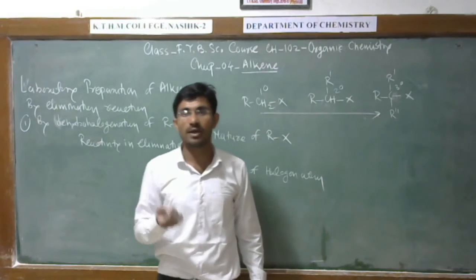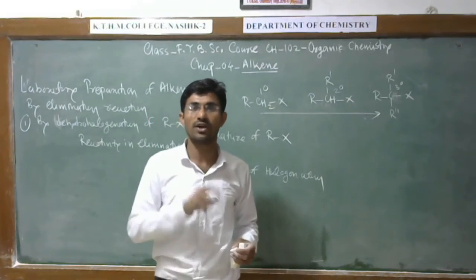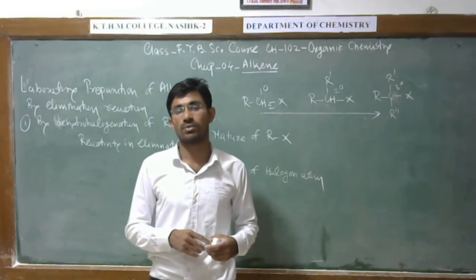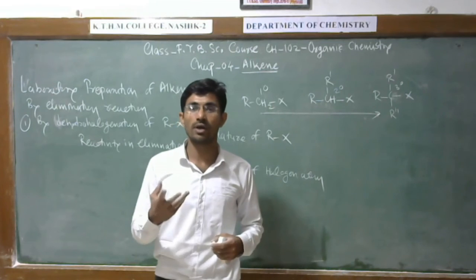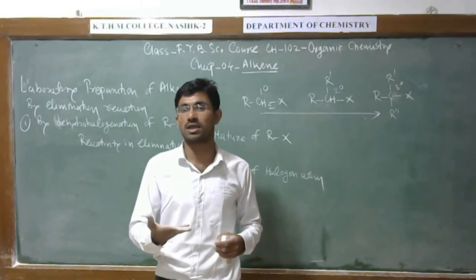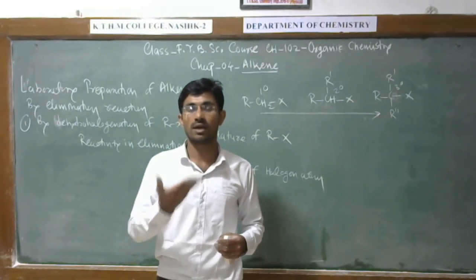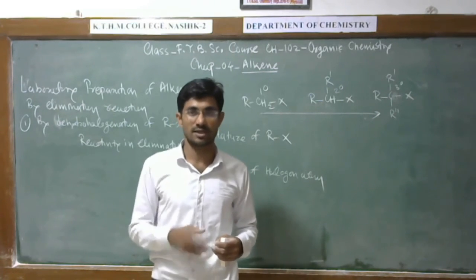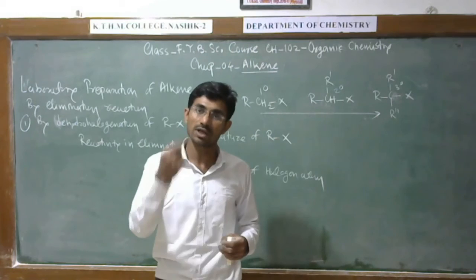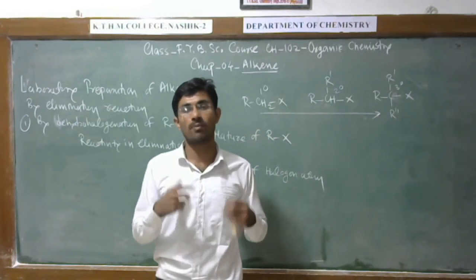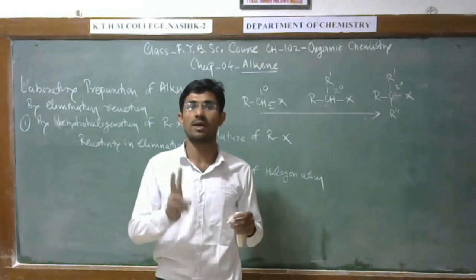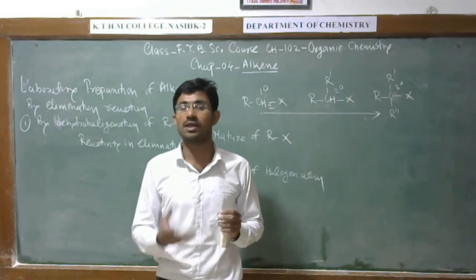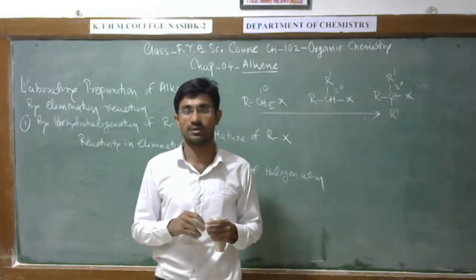And when the number of beta hydrogens increases, the second effect is that there are more chances that the alkyl halide compound undergoes elimination reaction. Means primary to secondary, secondary to tertiary. Tertiary alkyl halide easily undergoes elimination reaction as compared to secondary. Secondary undergoes elimination more easily than primary alkyl halides.